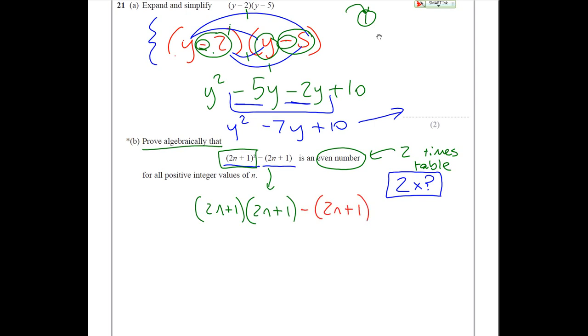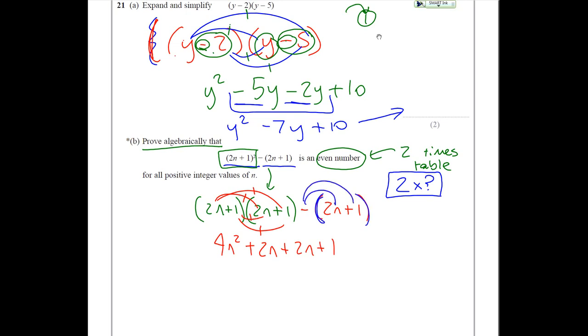Let's expand these double brackets at the front, like we did up at the top. Okay, so 2n times 2n, 4n squared. 2n times 1, 2n. 2n times 1, 2n. 1 times 1, 1. And now we're taking away this whole bracket here. So you need to take away the 2n, you need to take away the 1.